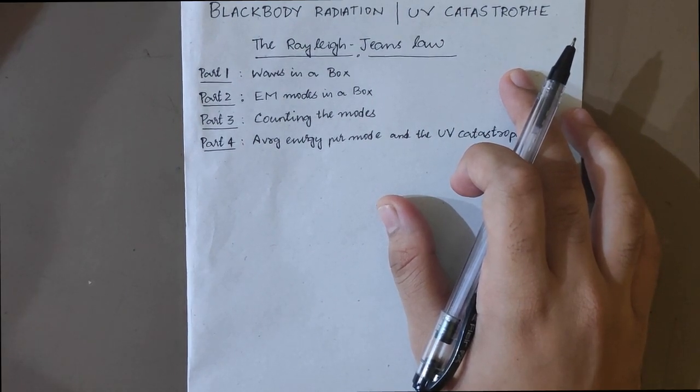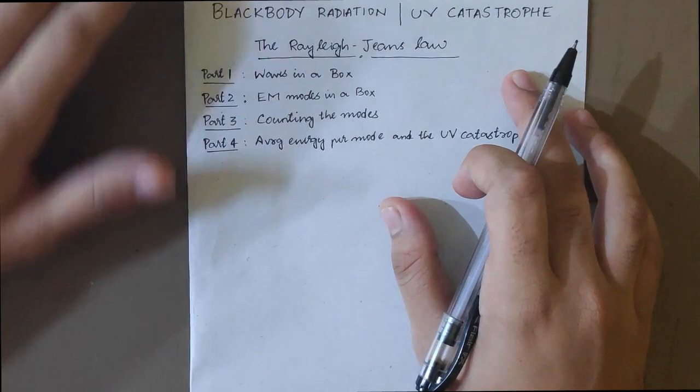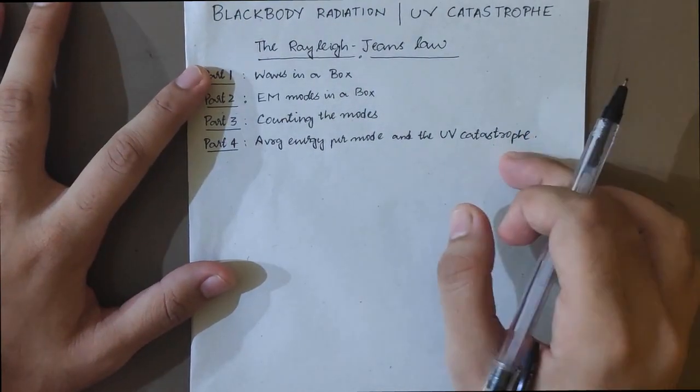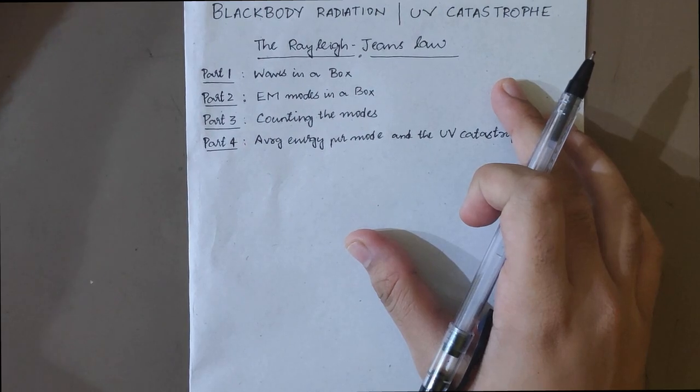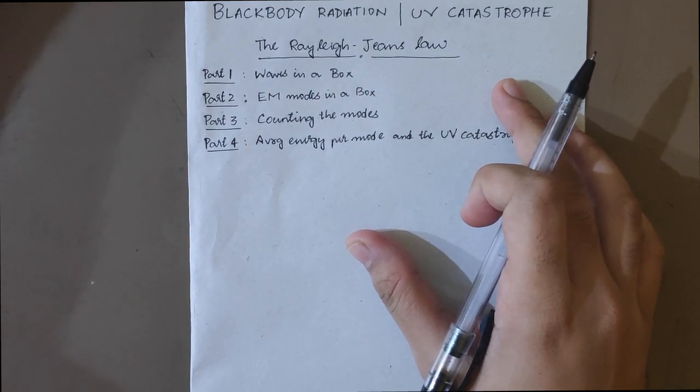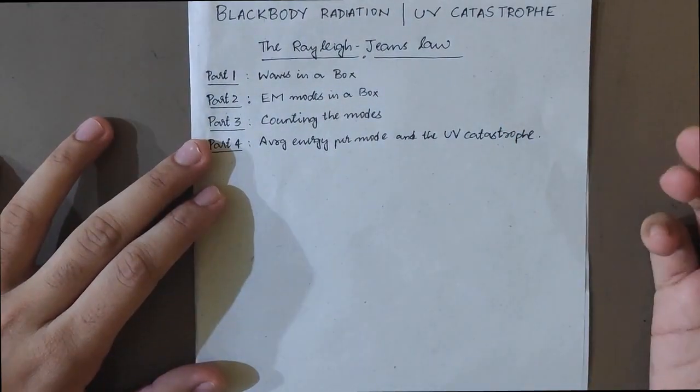Then eventually we'll take an average across all frequencies and ultimately find that something went wrong with classical physics. Right? So without wasting any time, let's start with part 1.